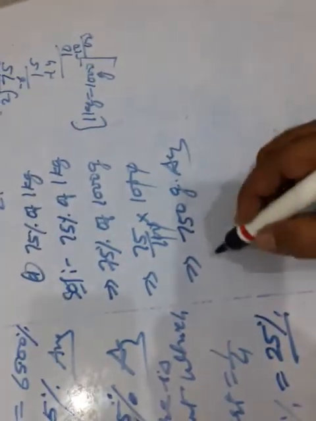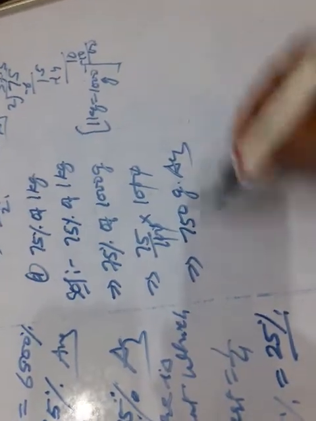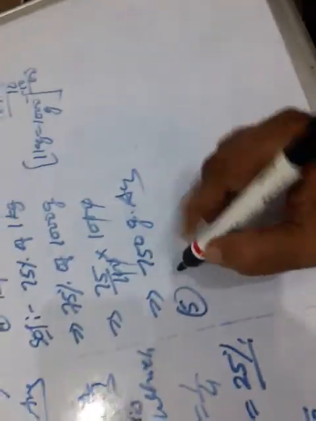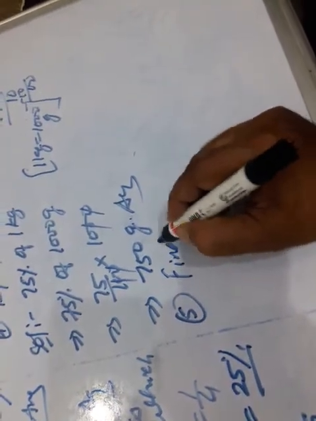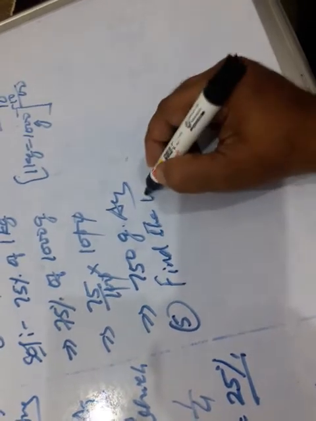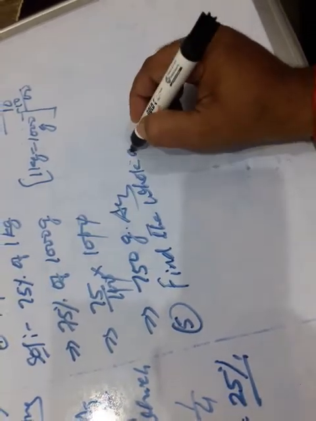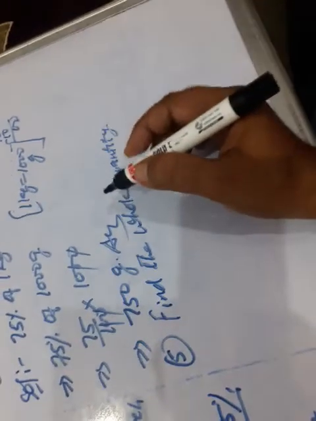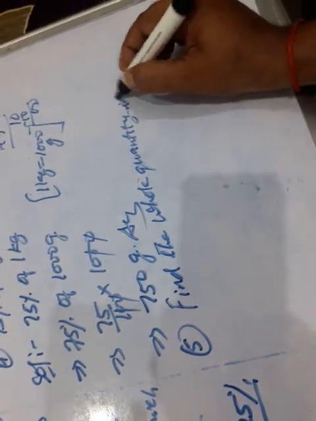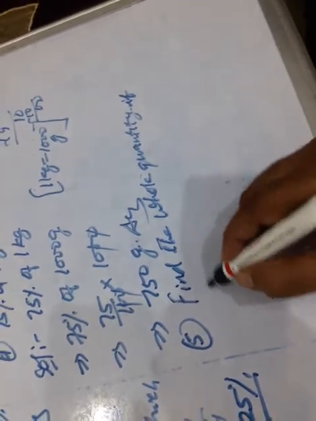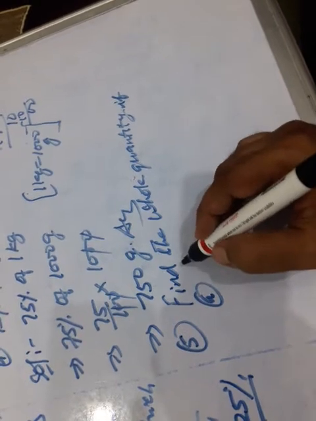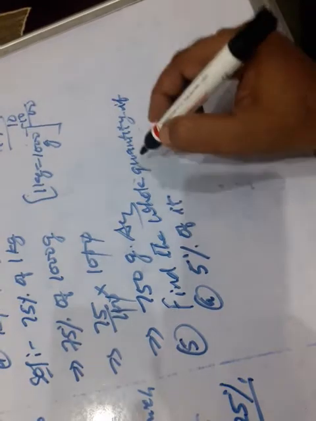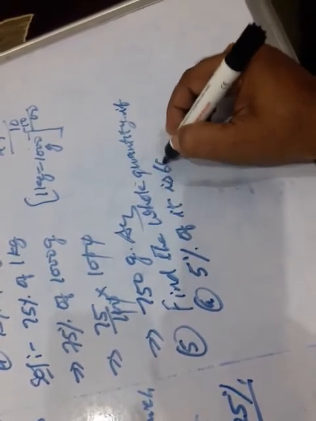Now let us move to question number 5. What is it about? Question number 5 is find the whole quantity. Find the whole quantity if 5% of it is 600.